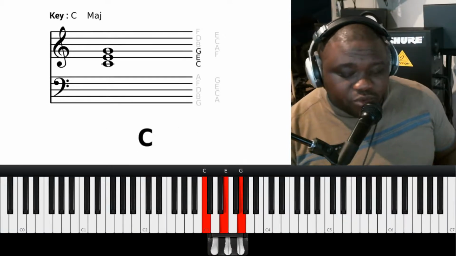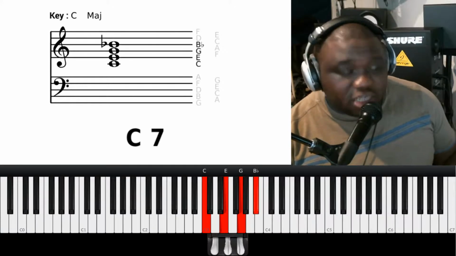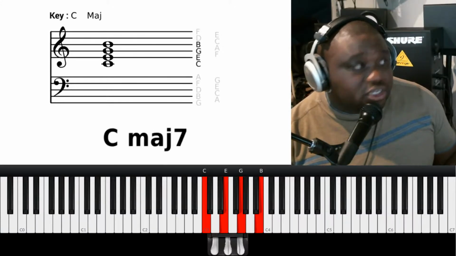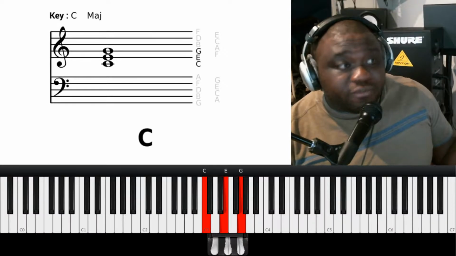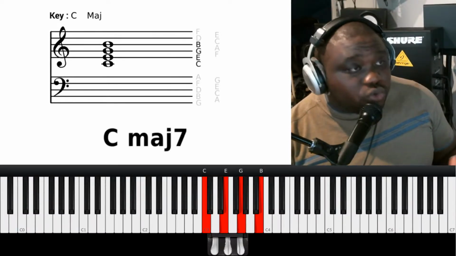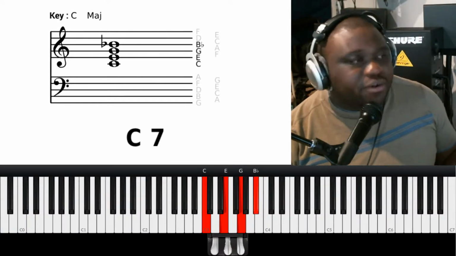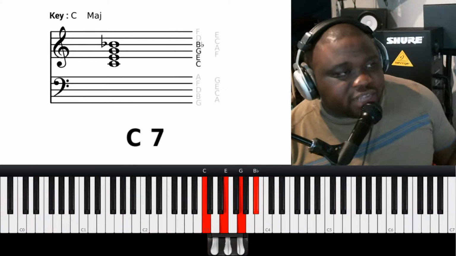And then if you wanted to understand the seventh concept, we've talked about it. Either you use the 3 method, which will be this, or the 4 method, which will be this, or simply remember to play your perfect 7th to get your major 7th. You can also go a half step down to get the dominant 7th.